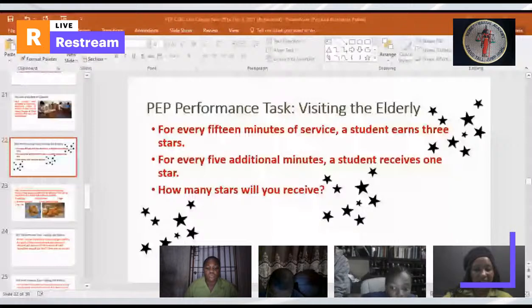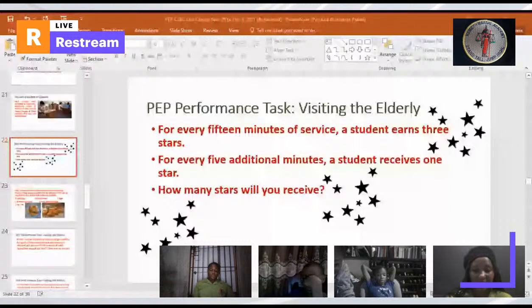Okay, so 6 times 3 stars is 18. So you would have received 18 stars.